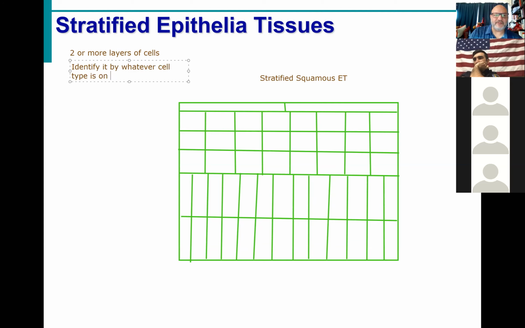Or let's be more specific, is apical. Whatever is apical, that is how we identify this. So it could be 543 layers of cube-shaped cells and one layer of flat cells on top, and it's going to be a stratified squamous. We always identify it by what is on the apical surface.